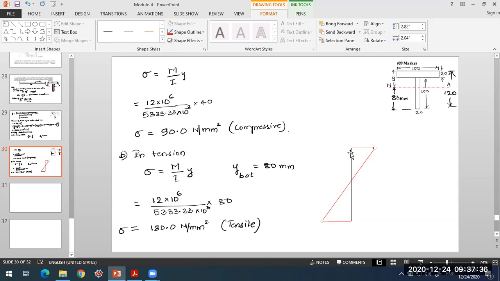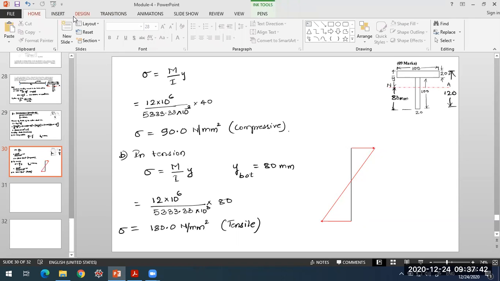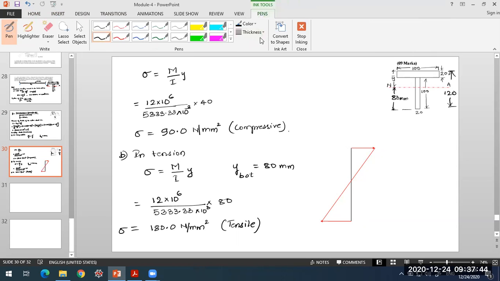So y is varying linearly, and our stresses across the depth of the section will also vary linearly. So I have this compressive stress as 90 Newton per mm square, and tensile stress as 180 Newton per mm square. Within the section we'll come across this variation.